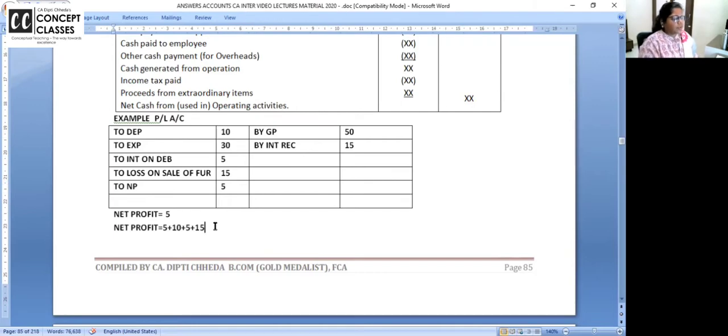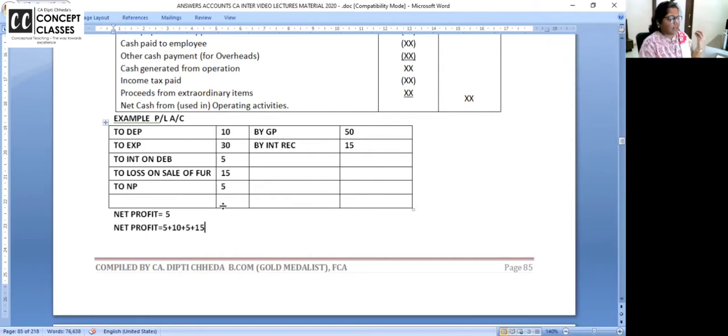Now, we have taken care of 10, we added back because depreciation is non-cash. We didn't do anything for 30. 30 is my core business expense. So 50 minus 30, both are equal. Interest on debentures I added back because I have shown it as outflow in the financing activity. Loss I added back because loss is not paid in cash.